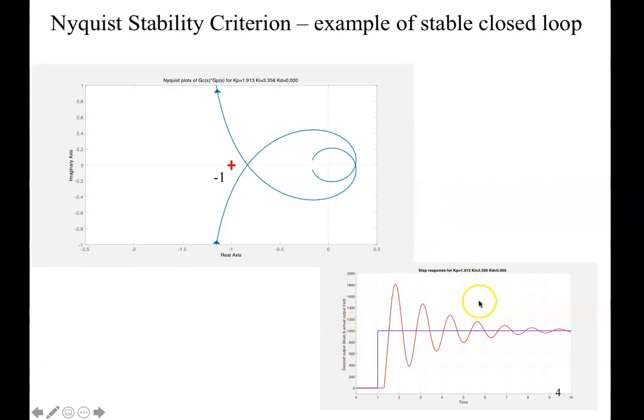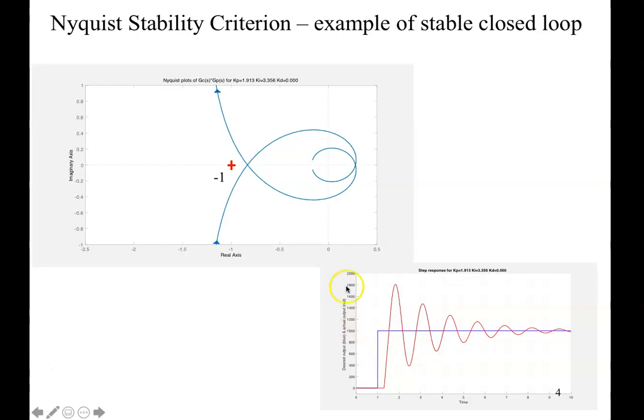Then I went on to run a computer simulation to show me the results. My input is a step, and my output, you see, is a sinusoidal kind of response, but this sinusoidal gradually settles down. This sinusoidal is not due to the input, it's due to the complex pole, or the imaginary part of your pole.